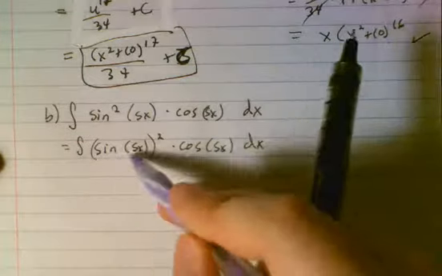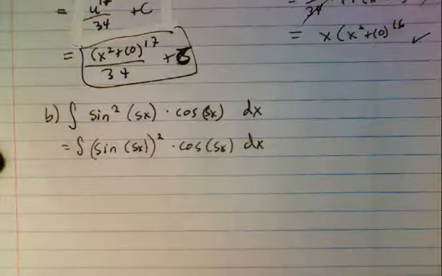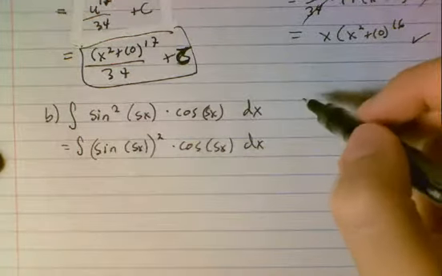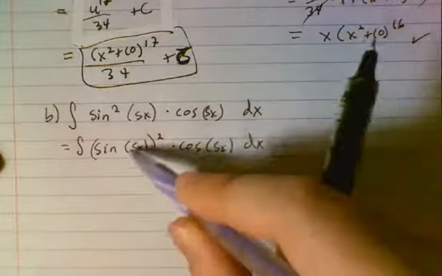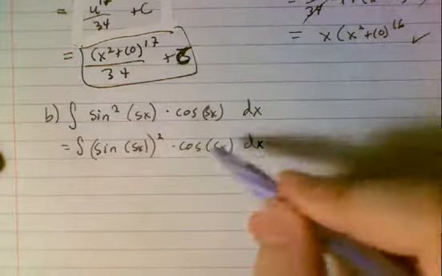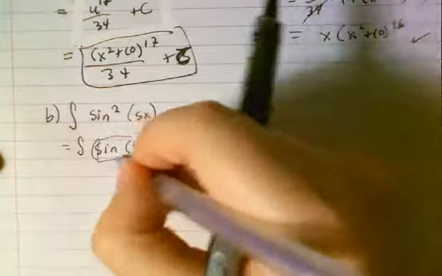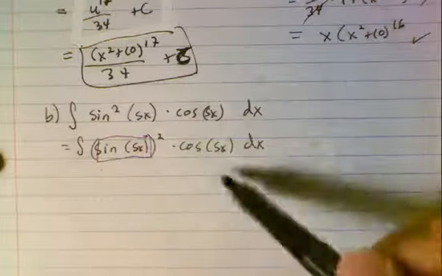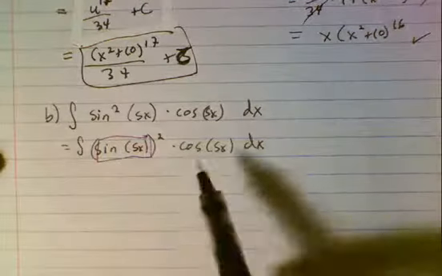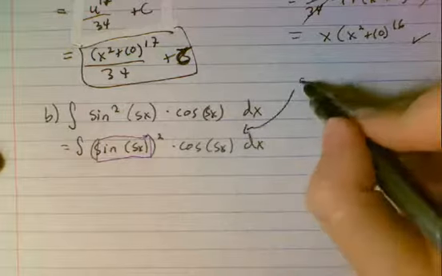There's a cosine, there's a sine, and there's a power. When we have a choice, we generally want to draw the biggest box that we can. Because if we do just 5x right here, that's not going to really cancel out any of these sines and cosines. Whereas if we do the box here, inside the squared, the derivative of the sine of something is the cosine of something, and that seems fairly promising for canceling this out.